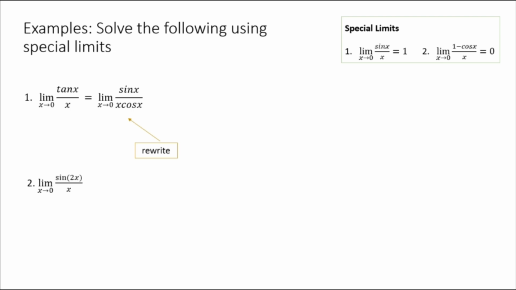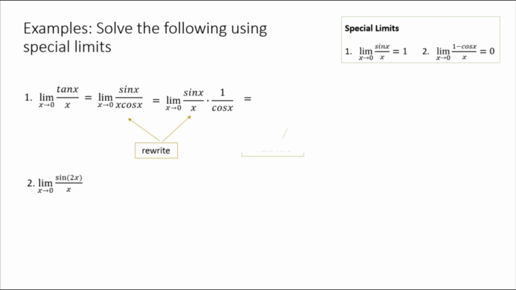Then we continue rewriting the expression. So we separate sine x over x and what is multiplied to it, 1 over cosine. Then we can use the multiplication rule to separate the limits because we know that each of these individual limits exist.